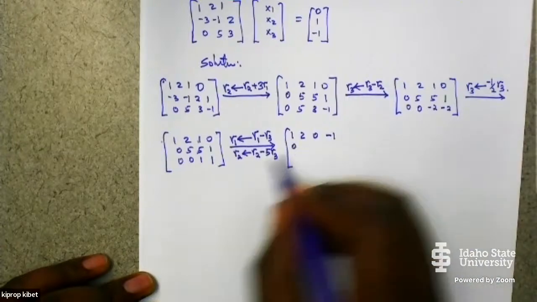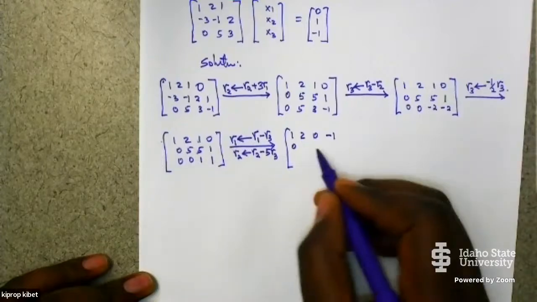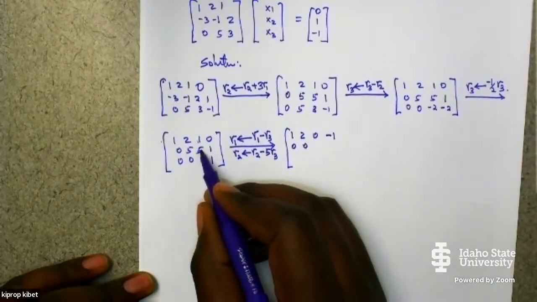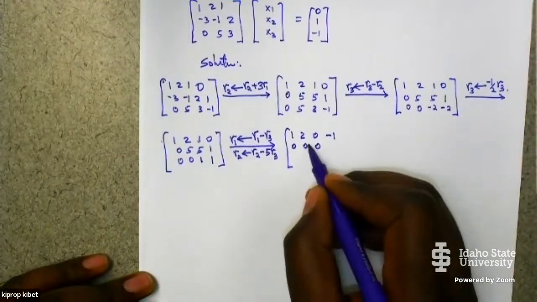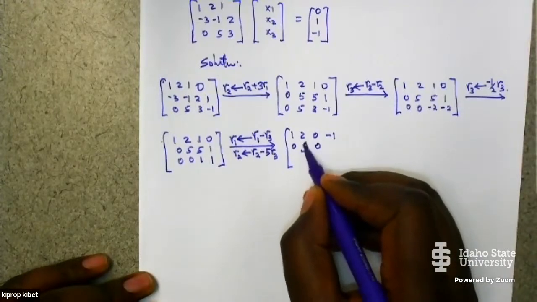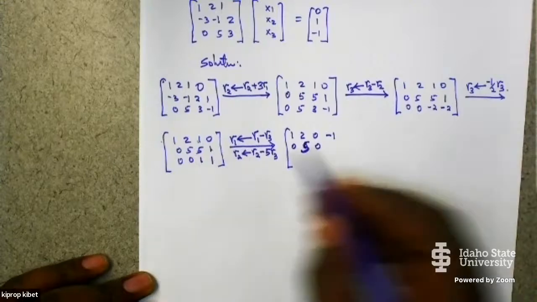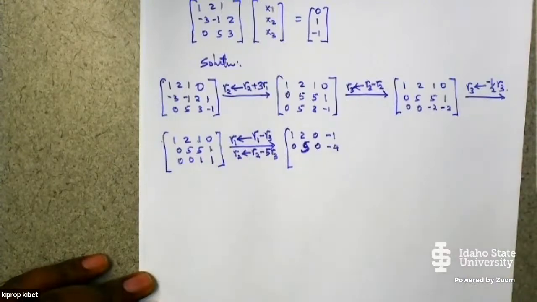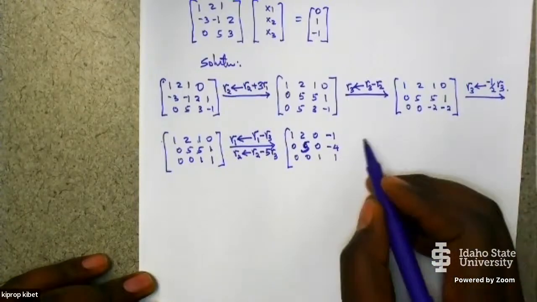So 0, 5 minus 0 is 5, 5 minus 5 is 0. Sorry, this is 5. And then 1 minus 5 is -4. Then this is 0, 0, 1, and then 1.